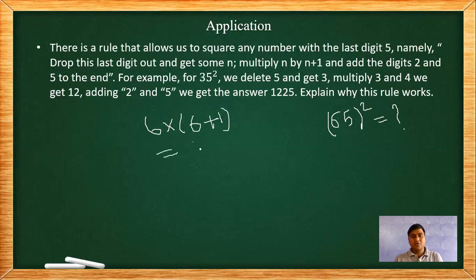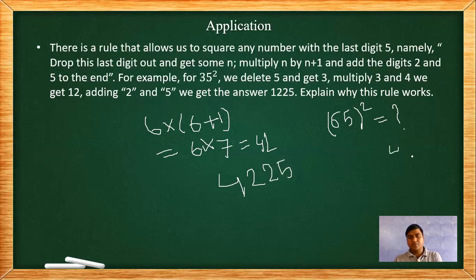So 6 into 7. 6 times 7 is 42. And add the last 2 and 5. So 65 whole square equals 4225.